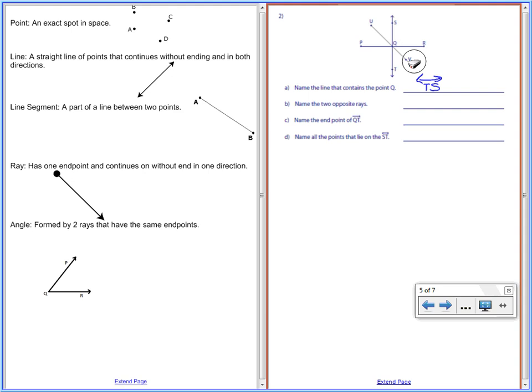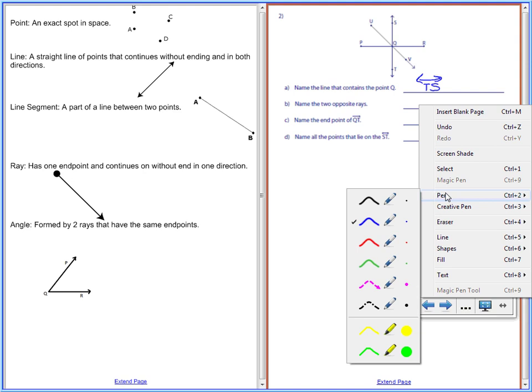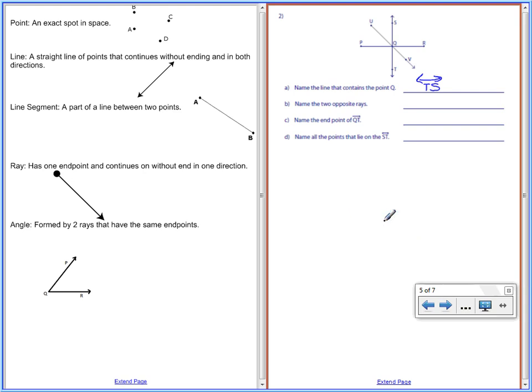Now the next question says, name two opposite rays. Let me get my pen back up here. So I must be looking for two rays that are going in the opposite direction. So you know what? I think I found one right here. Starting with Q and going through to T like that, then starting at Q again and going to S. So you could say ray QT and ray QS.